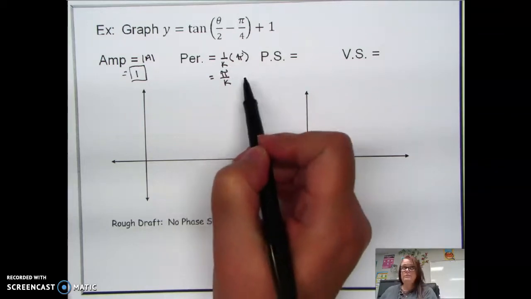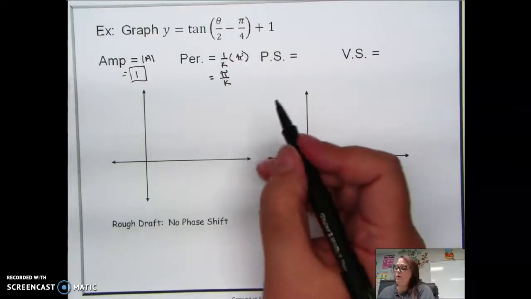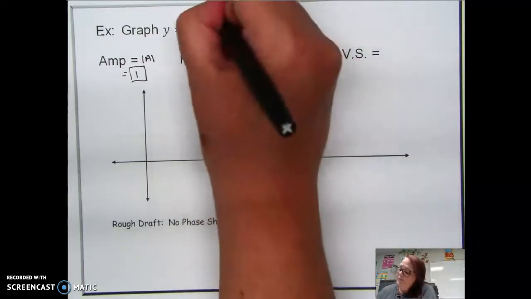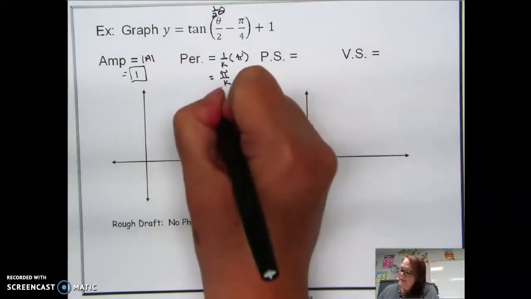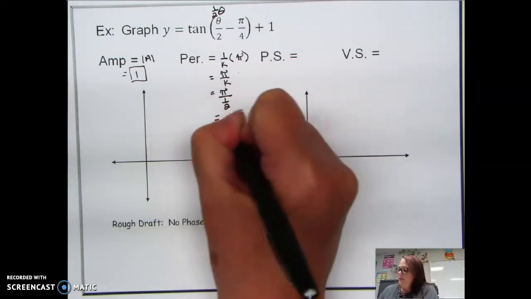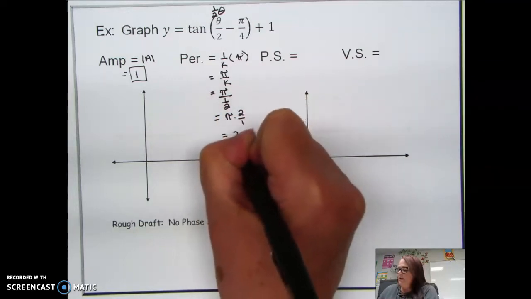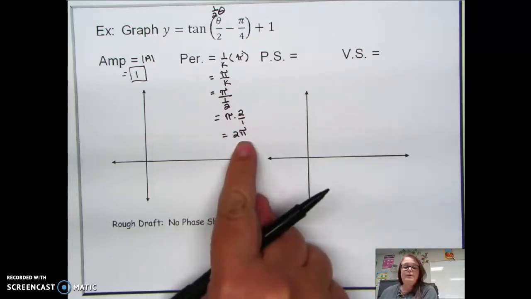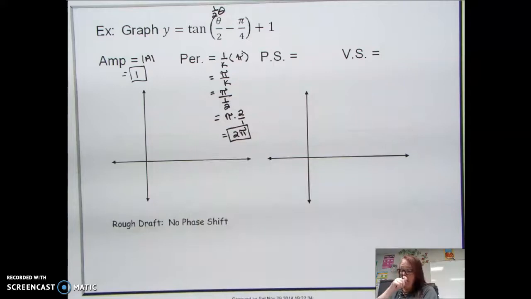Because the normal period for sine and cosine is 2 pi. The normal period for tangent is 1 pi. So if this is saying 1/2 theta up here, then I have pi over 1/2, which is pi times the reciprocal. And so I get a period of 2 pi. So my period is going to be twice as big as what it normally is.